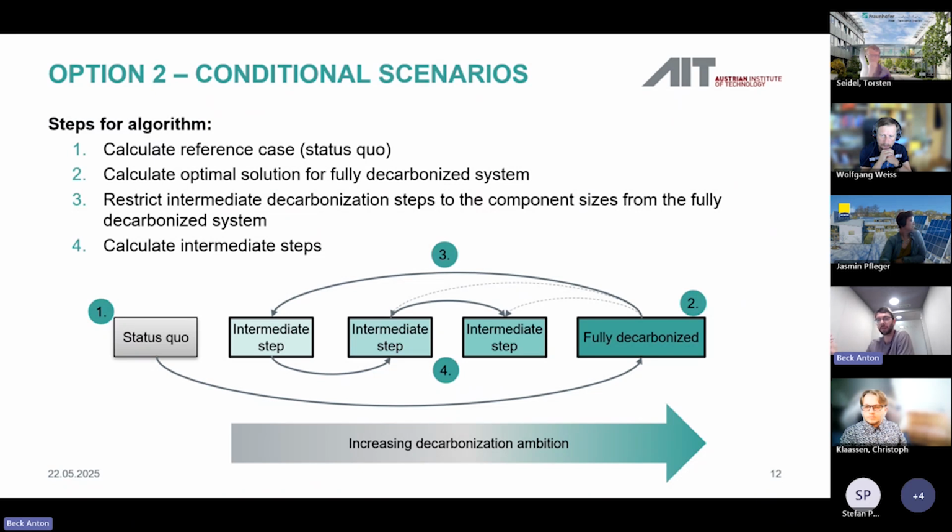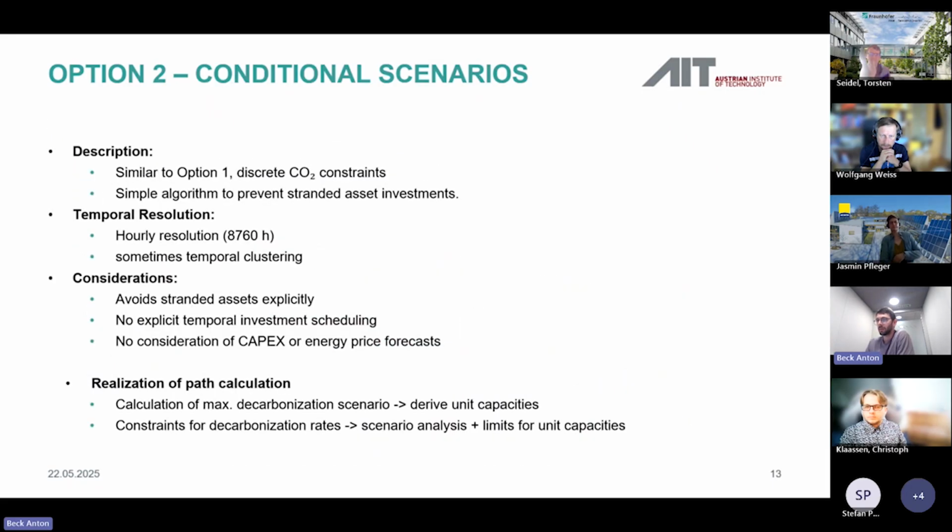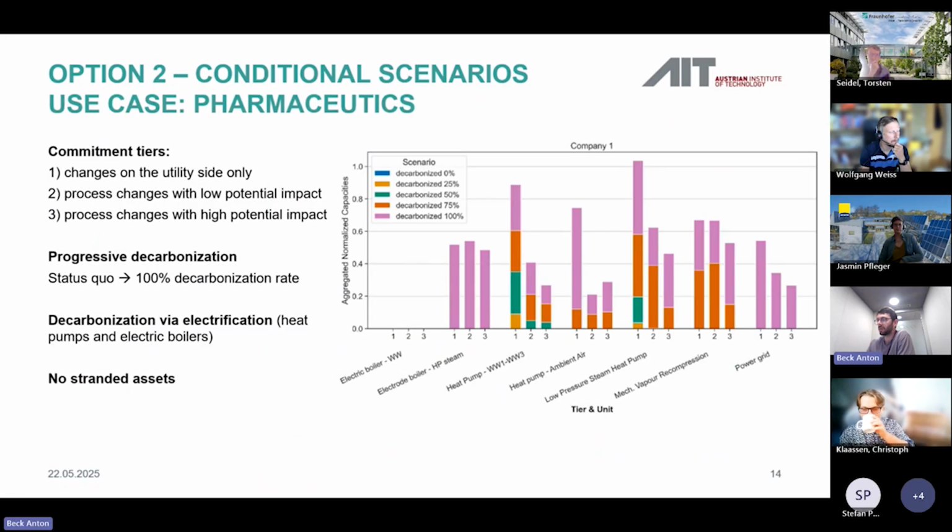So no overcapacities would be integrated for the intermediate decarbonization rates. Basically same restrictions as before, but we can avoid these stranded assets. We cannot really come up with a strategy in terms of in year X buy this and that, and also this capex forecast cannot be considered.